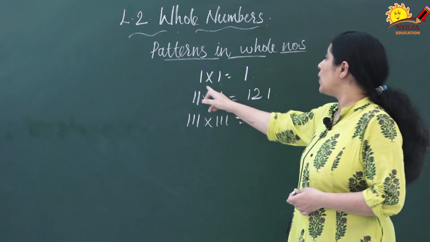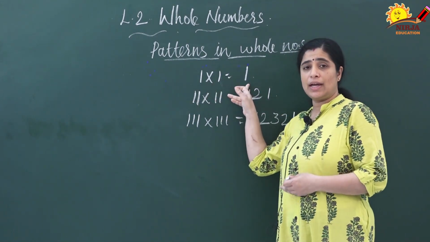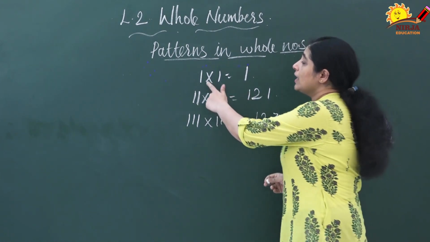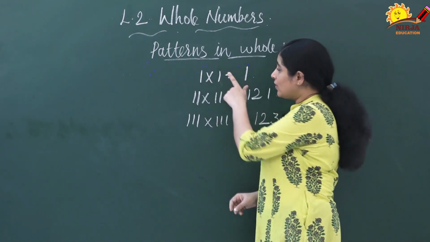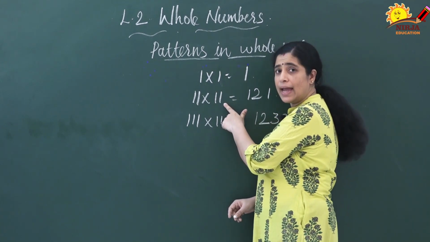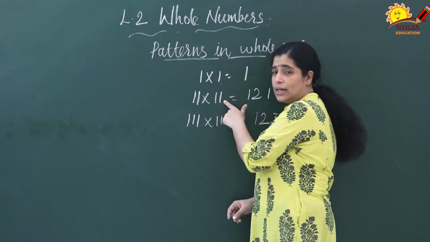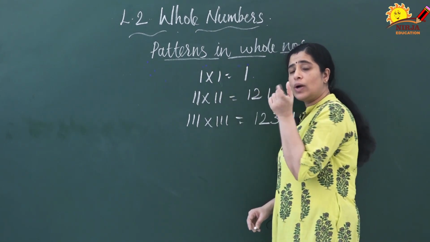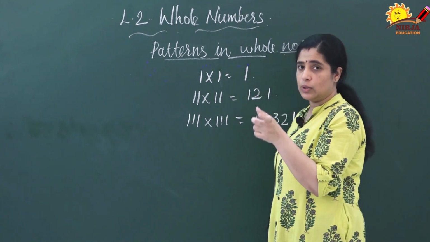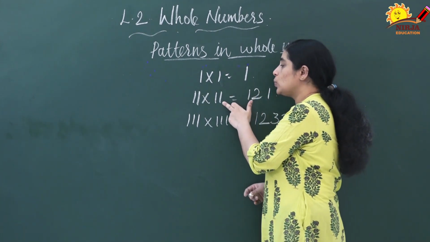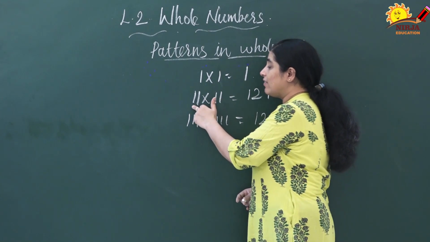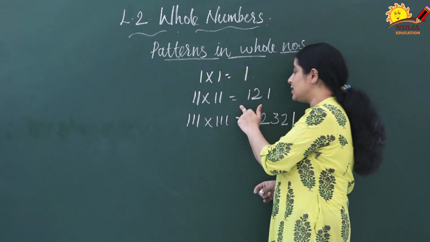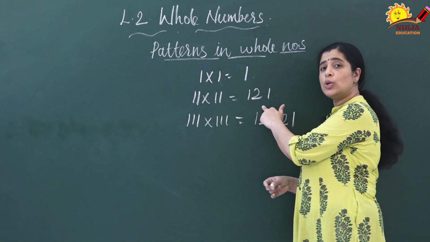Here I have written 1 multiplied by 1, you know that is 1. Again here also 1, I just kept 1 here, I didn't do 1 plus 1. That means 11 multiplied by 11 is equal to 121.